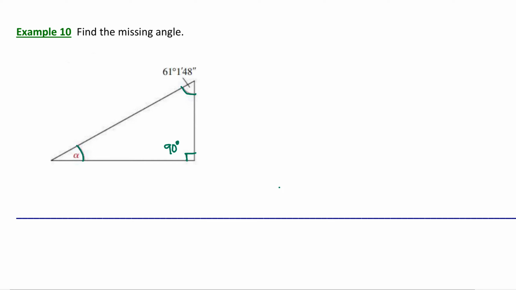So to find the measure of angle alpha, we're going to take the remaining 90 degrees and subtract 61 degrees, 1 minute and 48 seconds. I'm going to do this in a vertical setup to show you how to borrow degrees and borrow minutes. So I'm going to take 90 degrees and I want to subtract 61 degrees, 1 minute and 48 seconds. Well, that's inconvenient. I need minutes and seconds. So what I'm going to do is borrow 1 degree. So I'm going to rewrite that as 89 degrees.